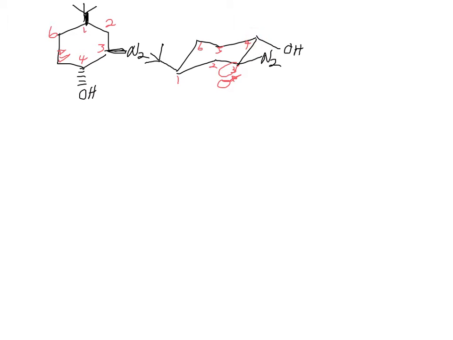Now, why is that okay? Because how many ways are there to stabilize a carbocation? Hyperconjugation, pi bond resonance, or lone pair resonance. If I put a plus charge on carbon 4, that's good because this oxygen has lone pairs. It can help stabilize it with resonance. So this bond, these two electrons are going to go there.